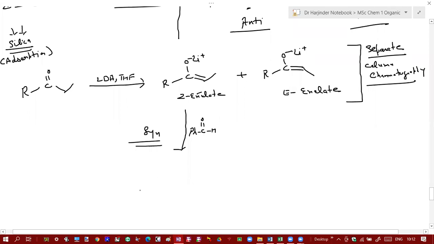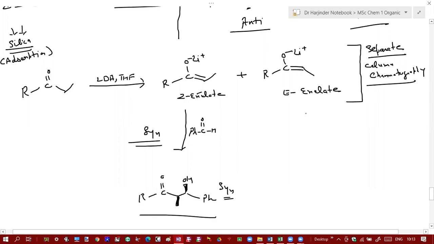So here you get syn addition, and both groups are on the same side.